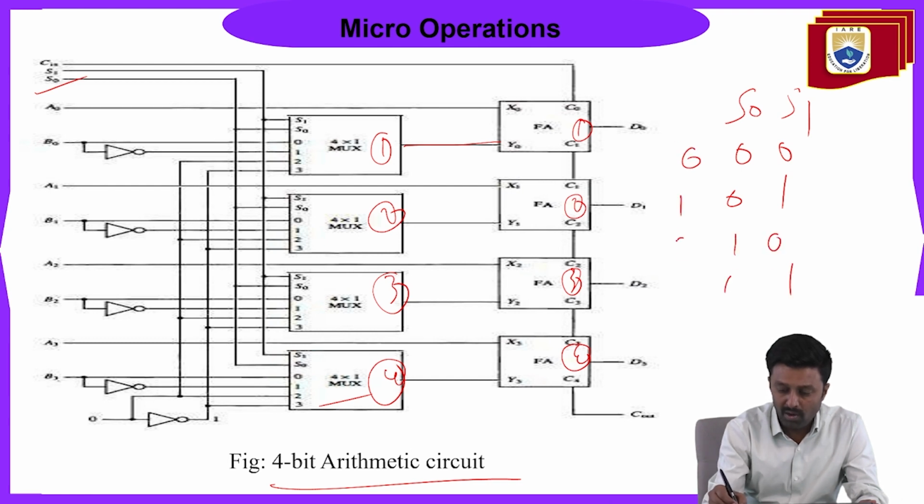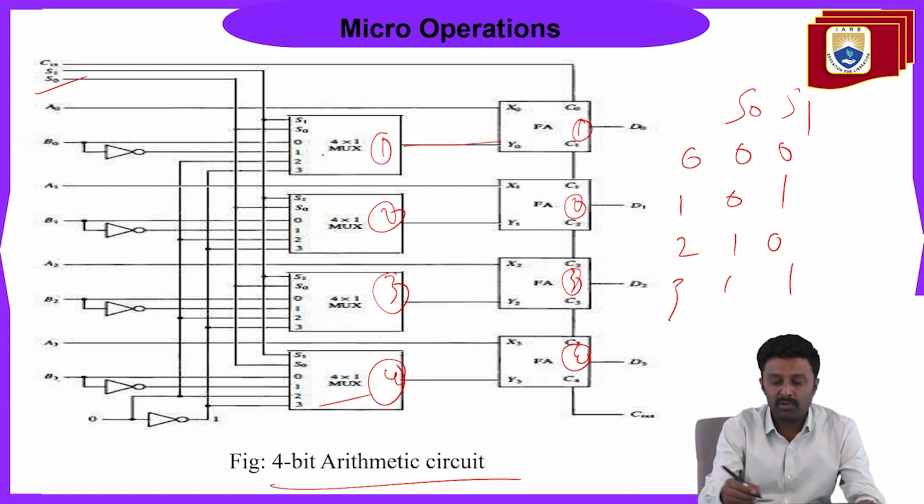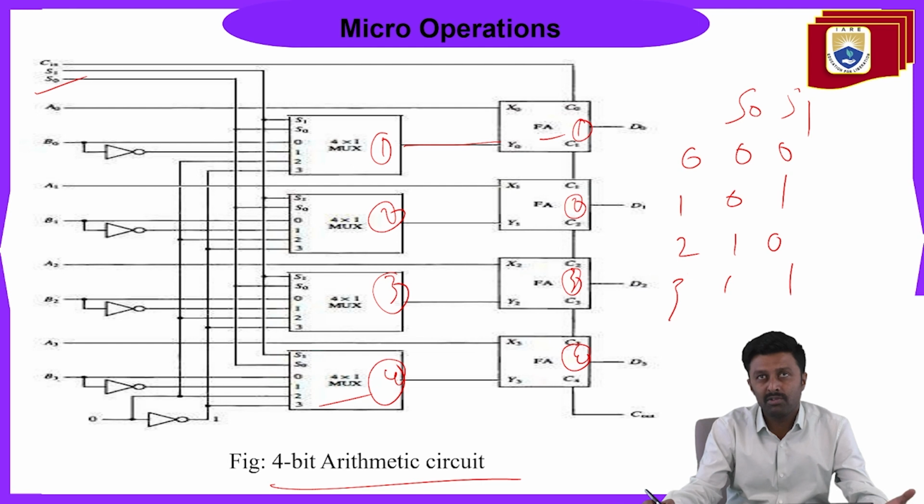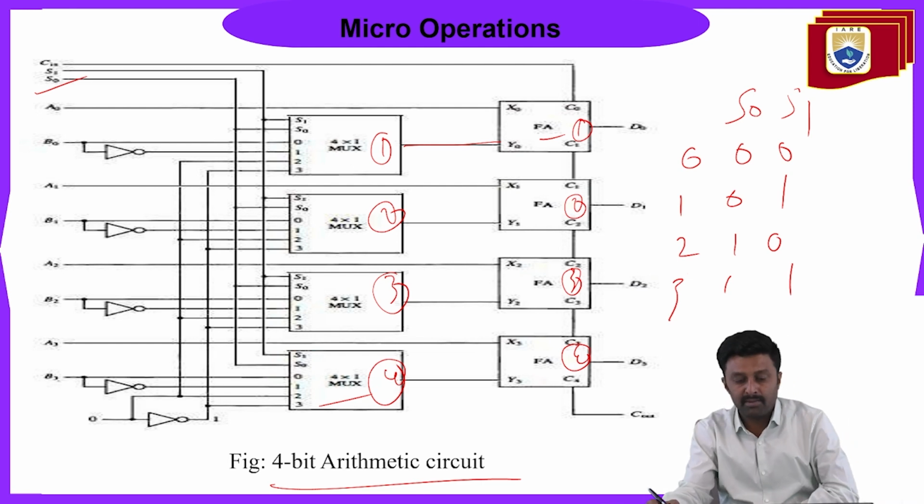Each time one input of the multiplexer will be selected, and simultaneously one multiplexer and one full adder are selected. So this 4-bit arithmetic circuit is used to perform the arithmetic operations.